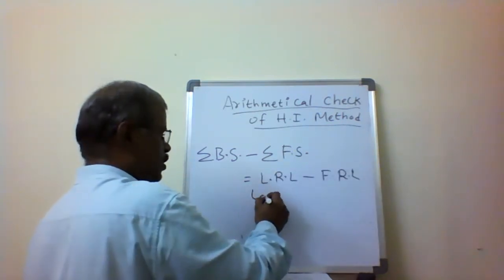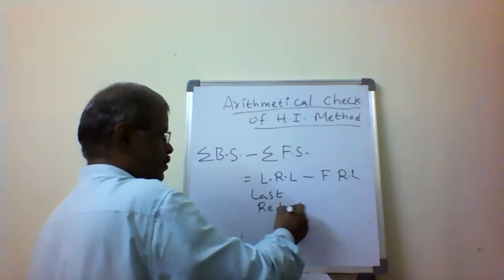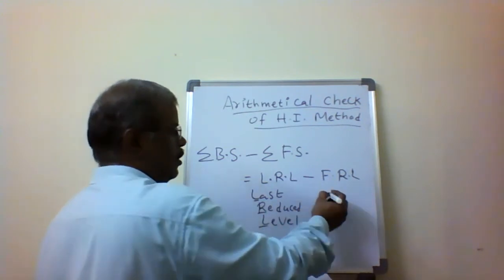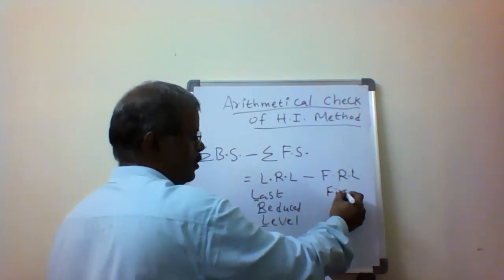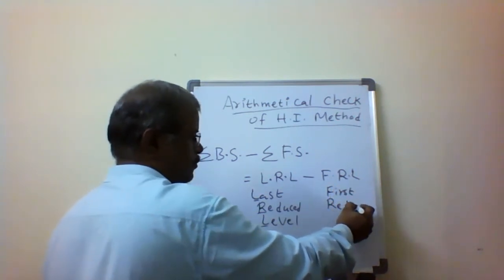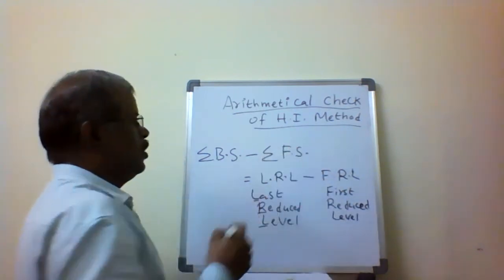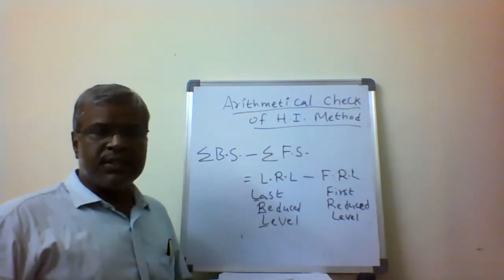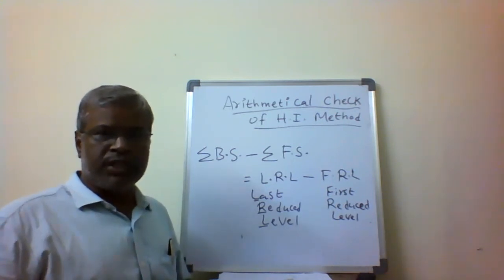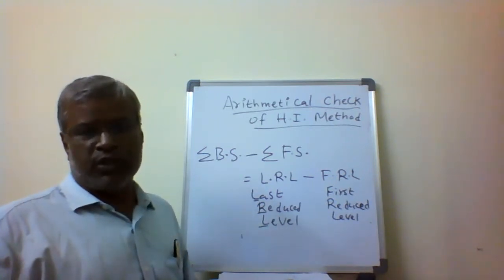So this is the last reduced level, LRL, and the first reduced level, FRL. It is the summation of all backsights from the first point to the last point, minus the summation of the foresights from the first point to the last point, which equals the last reduced level minus the first reduced level.